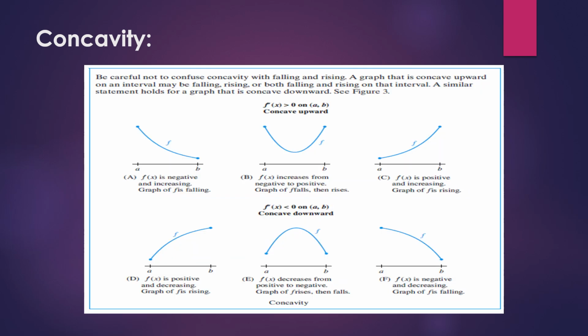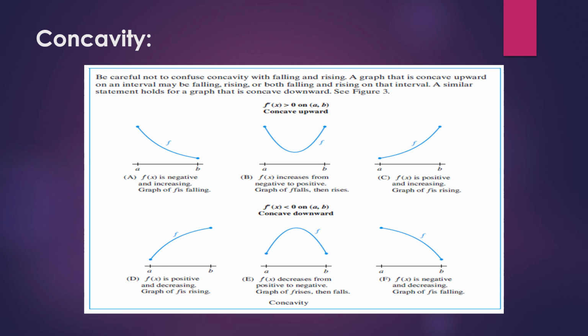So the rookie mistake with concavity is to confuse concavity with the actual slope. So even if a slope is negative, it could be increasing, as in it is becoming less negative.